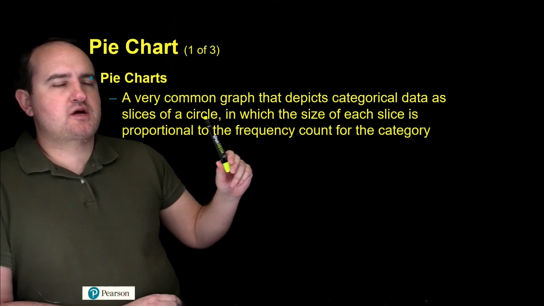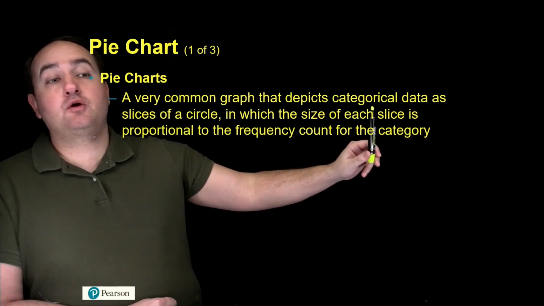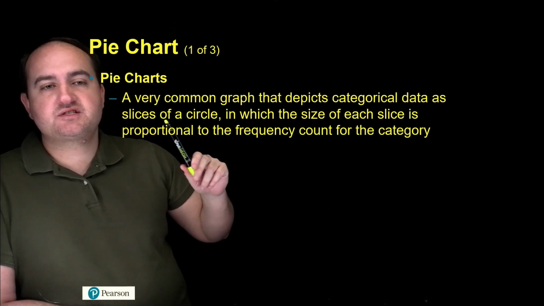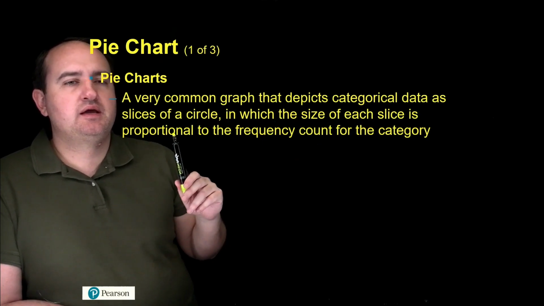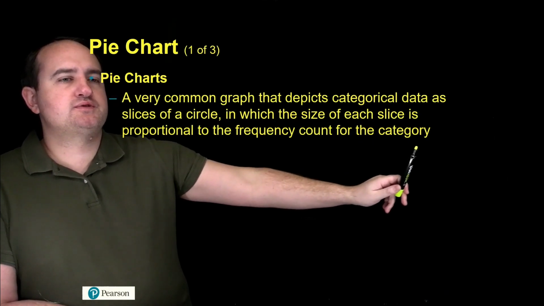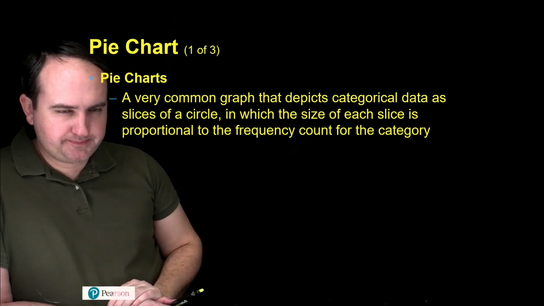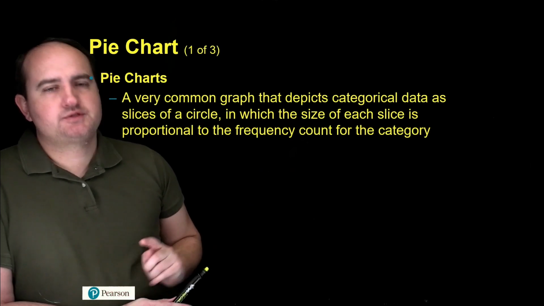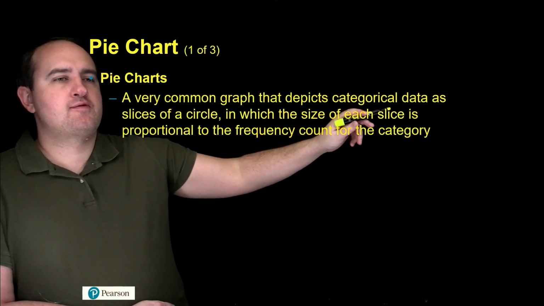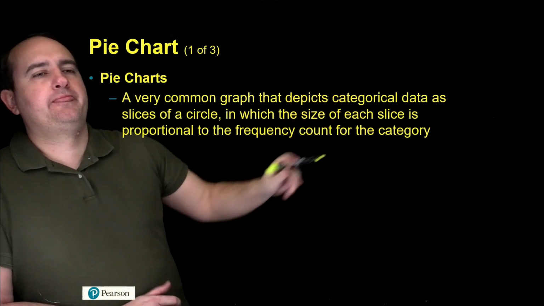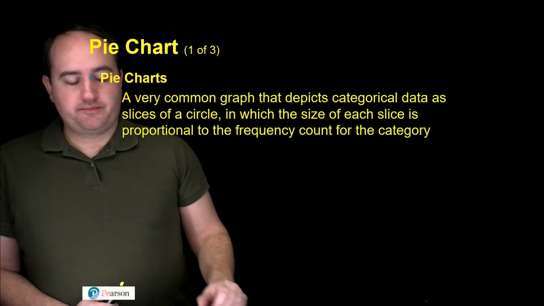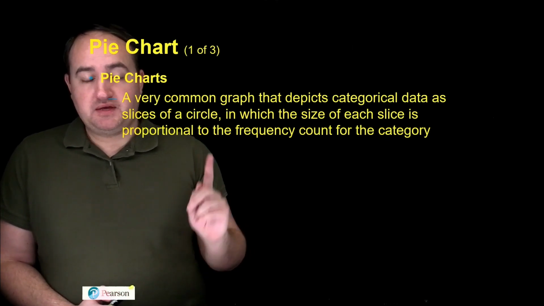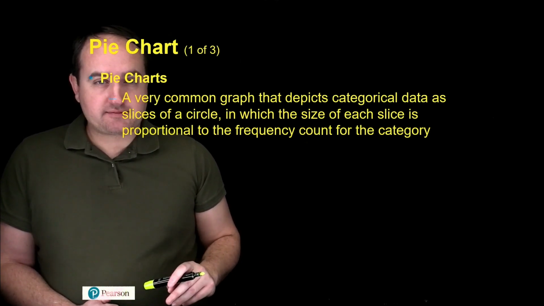A pie chart is a common graph that depicts categorical data as slices of a circle in which the size of each slice is proportional to the frequency count for the category. Okay, so this is the second type of graph that we're learning about that is actually for categorical data. Now, another name for these is circle graphs.